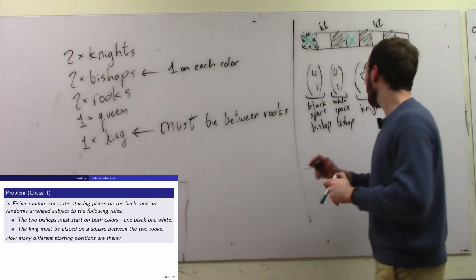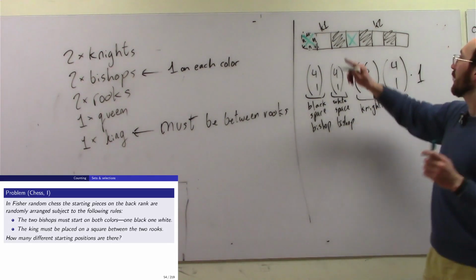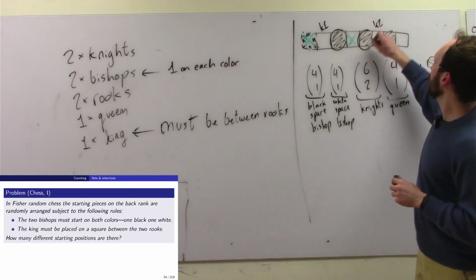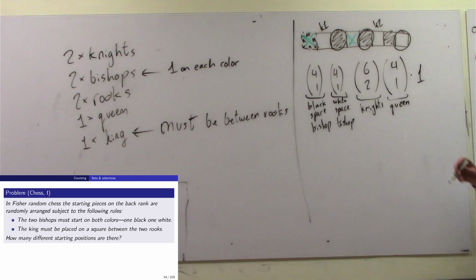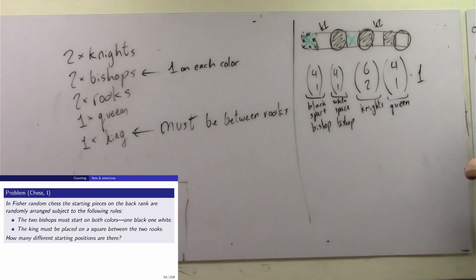So in fact, it's determined. Once we're left with just 3 empty spaces, our king has to go in the middle space. So we actually get this one for free.